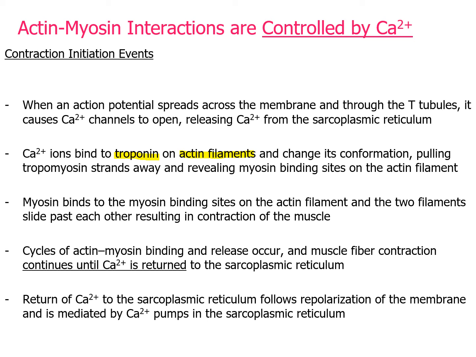What happens is that a structure called tropomyosin is covering the binding sites. And when you have calcium arriving, the tropomyosin gets pulled away and reveals on the actin filaments myosin binding sites.